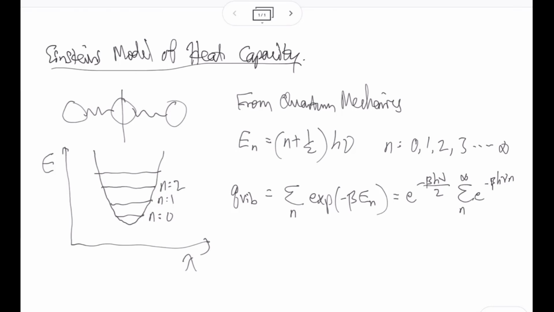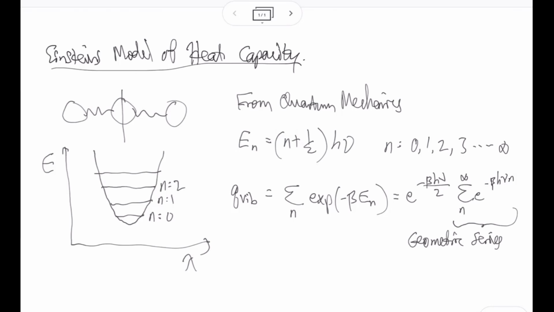How do we get this? Remember, I kind of separated, so this 1/2 h nu part comes out here, right? E to the negative beta times 1/2 h nu can be separated from the rest of the exponential. And for the part that includes n h nu, I just have e to the negative beta h nu n, which is summed. So this expression right here, the summation of a negative exponential, can also be written as what we call a geometric series.